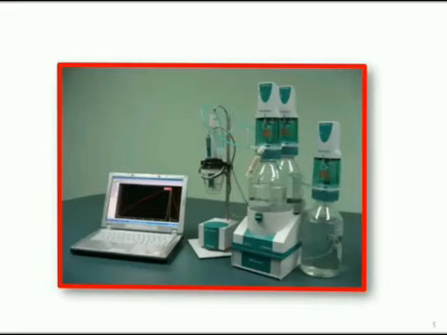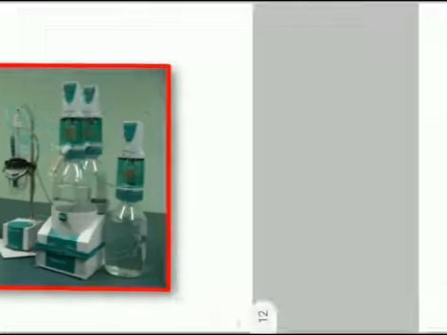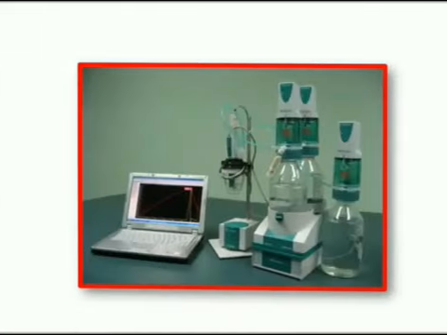So now we understood how the thermometric instrumentation works, what thermometric titration is, and what the principle behind it is.